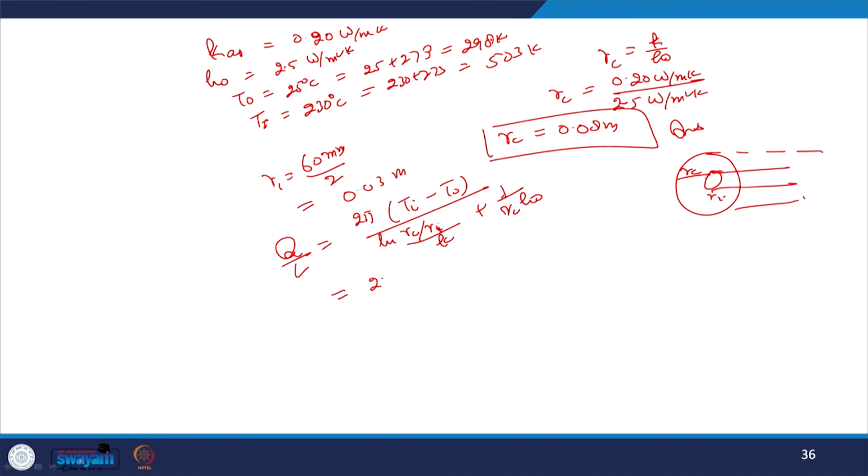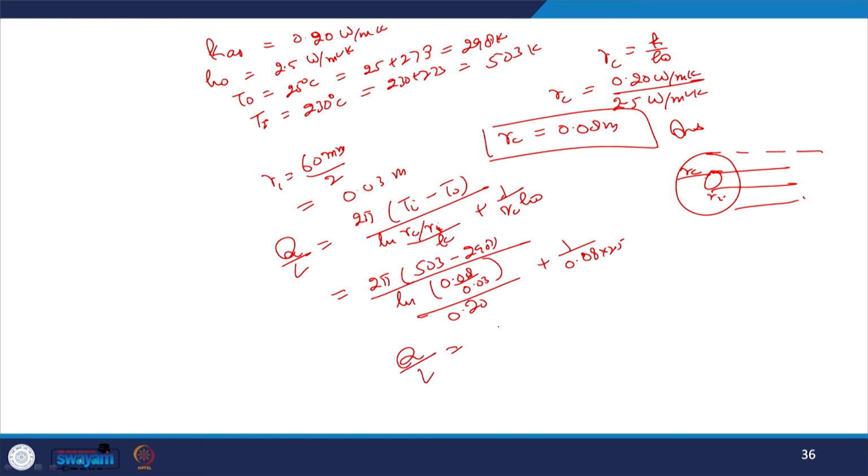If we substitute the values, 503 minus 298 upon [ln(0.08 over 0.03) over 0.20 plus 1 upon 0.08 into 2.5]. Upon solving, it comes out to be Q over L is equal to 130.05 watt per meter.